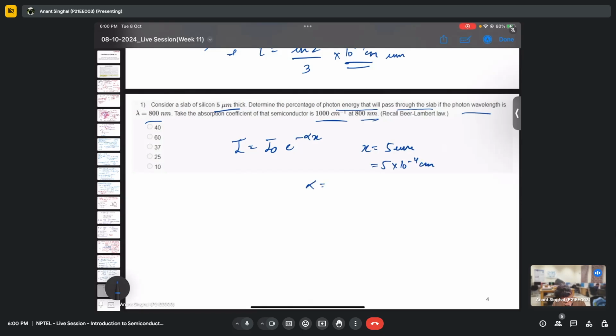Alpha is given as 10 raised to the power 3. So basically we need to find I by I naught, times 100%. So it is exponential of, I guess, minus 5 times 0.5, sorry, I hope I'm not wrong. So exponential of minus 0.5, what is the value?